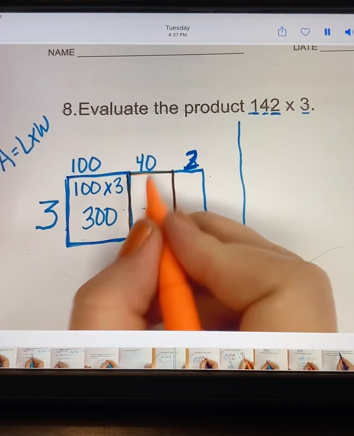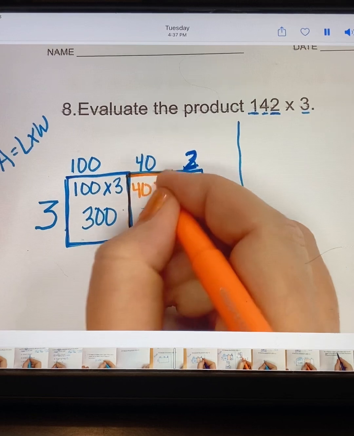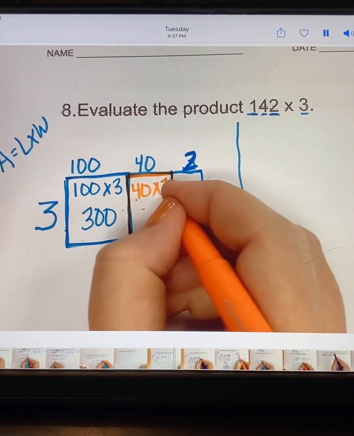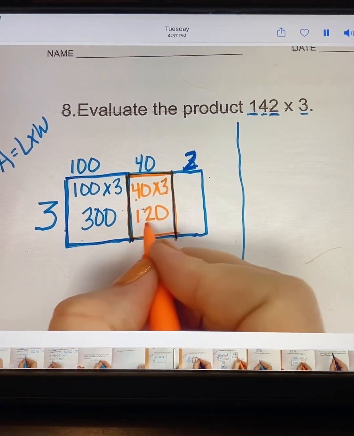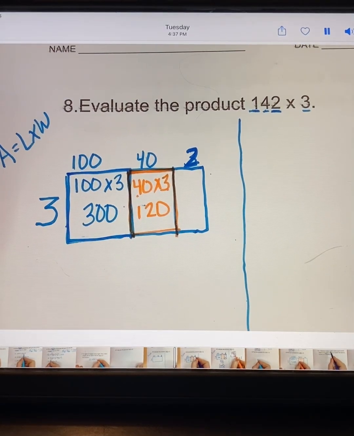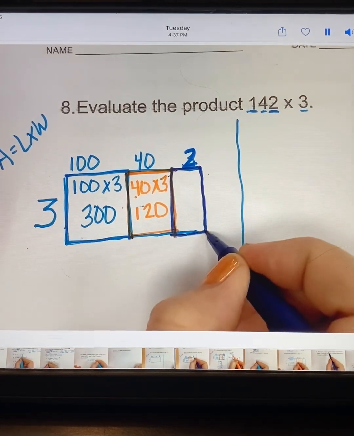All right, so my next part of my rectangle is this middle part. For this middle part, I'm going to, again, multiply my length, which is 40, times my width, which is still 3. Okay, so 4 times 3 is 12. I have that 0, so 40 times 3 is 120. And then last, I'm going to multiply the last portion of my area model.